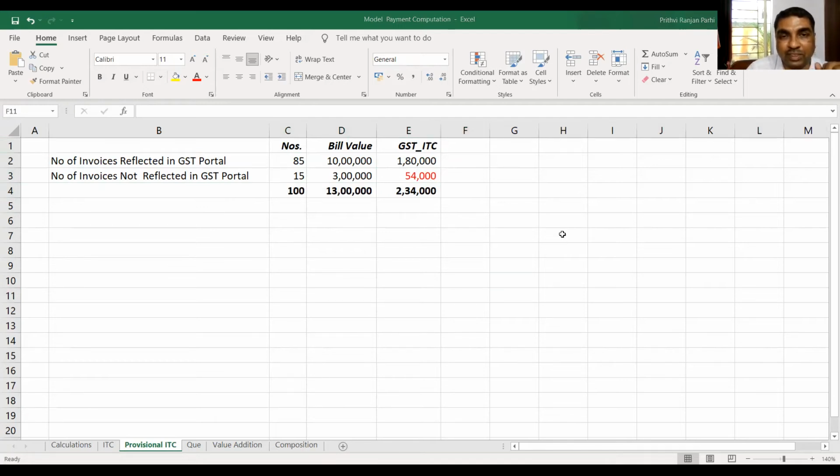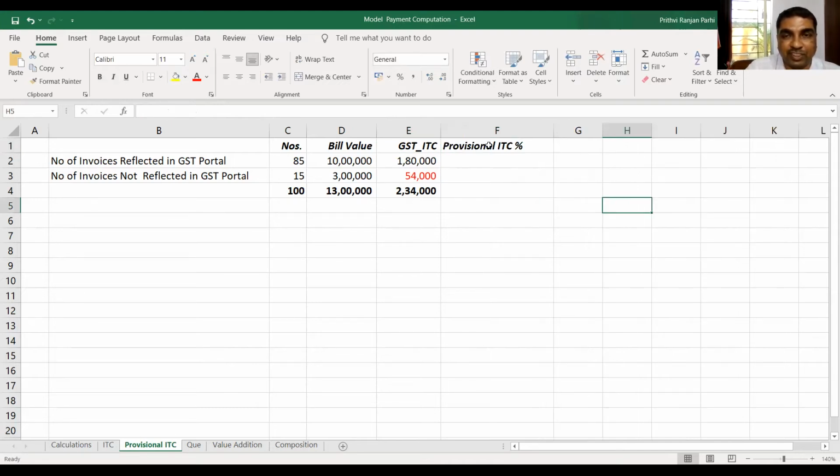And what the rule says, so far as these invoices are concerned, you see, provisional ITC in percentage. First time, tell me how much percent? First case it is not provisional ITC. First case it is ITC. Second case will write provisional ITC.